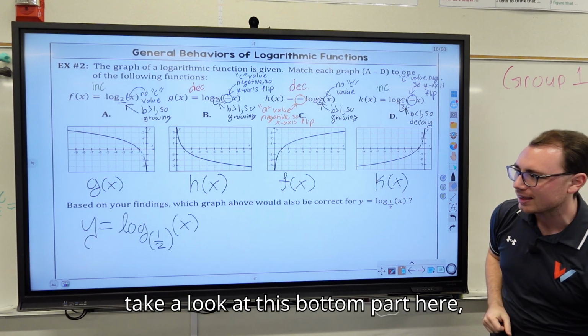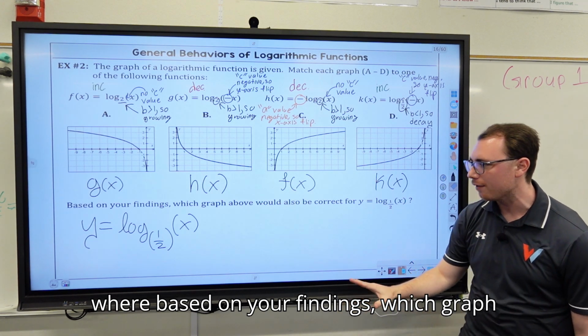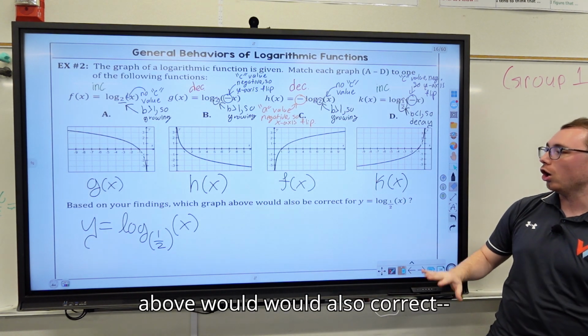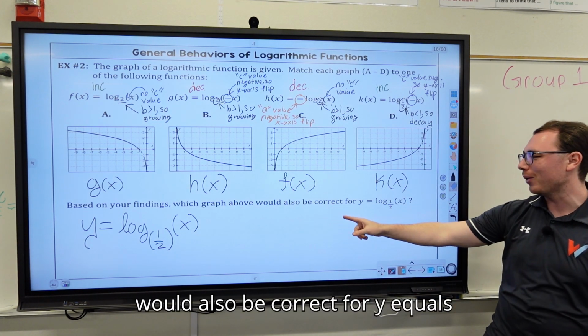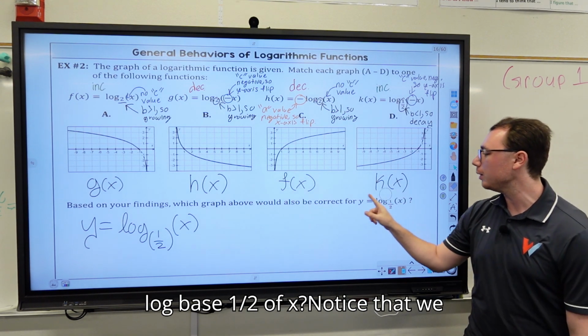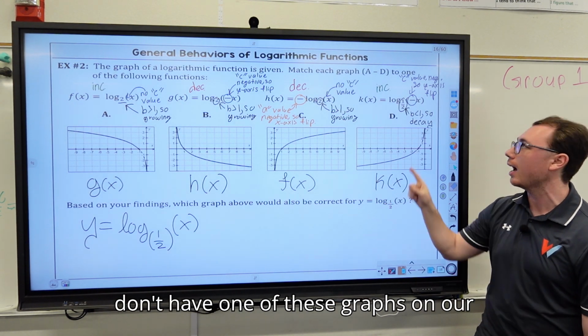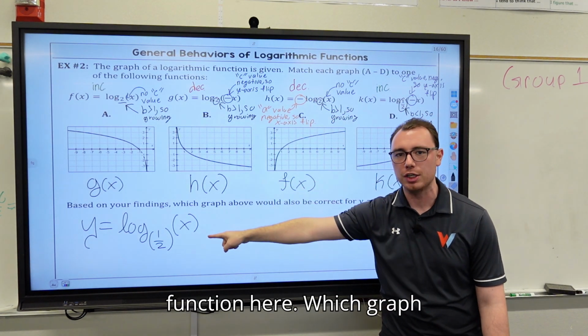Now let's take a look at this bottom part here, where based on your findings, which of the graphs above would also be correct for y equals log base 1/2 of x? Notice that we don't have one of these graphs on our k through f graphs. It's this function here.